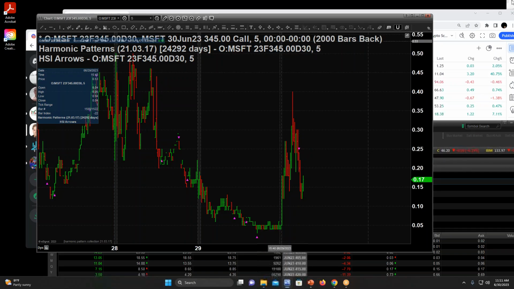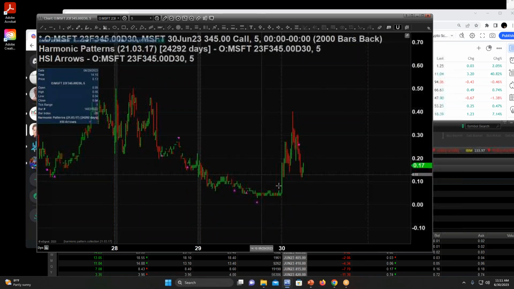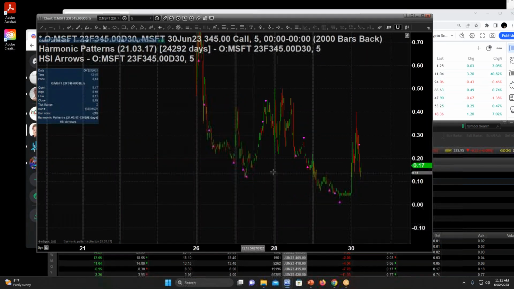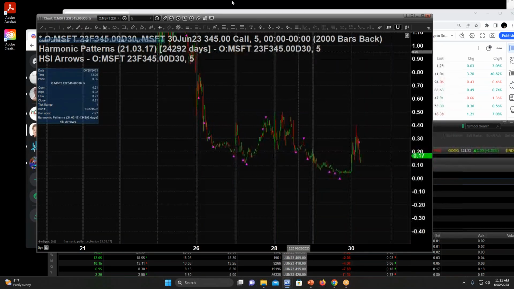And even if you missed a Thursday setup, a lot of time Friday mornings will give you some positions that can move just as much as an overnight move. Microsoft, those are the 345s. They're only 17 cents. Nothing really there.